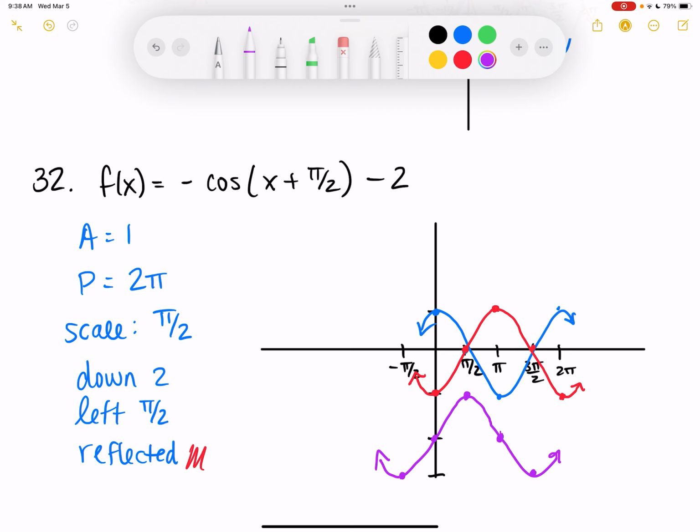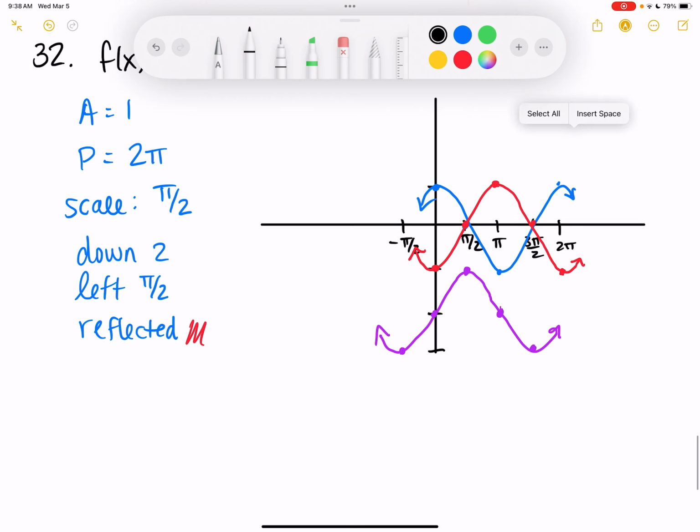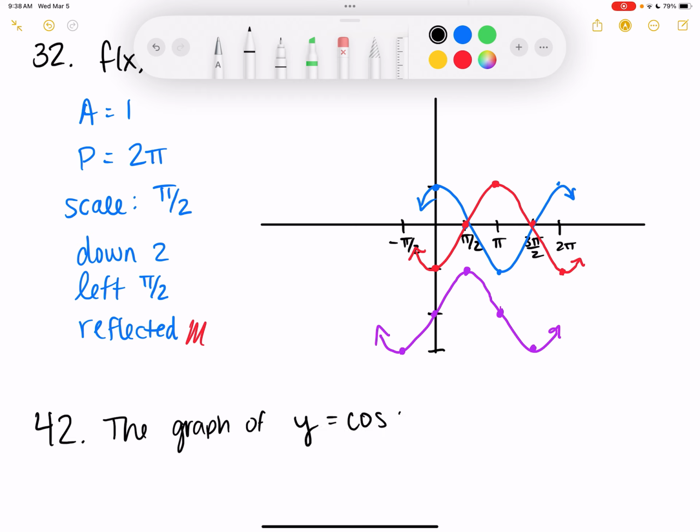All right, the last thing we have is actually writing equations. So 42. The graph of y equals the cosine of 2 pi x translated down 4 units and left 3 units.